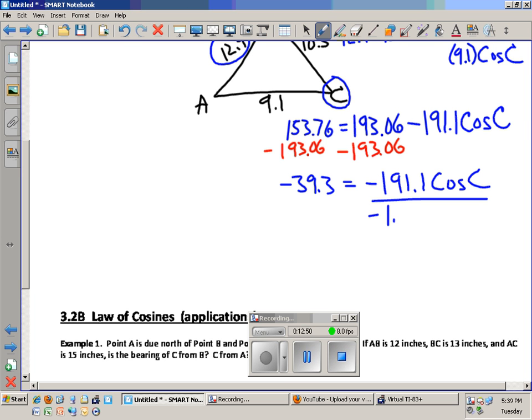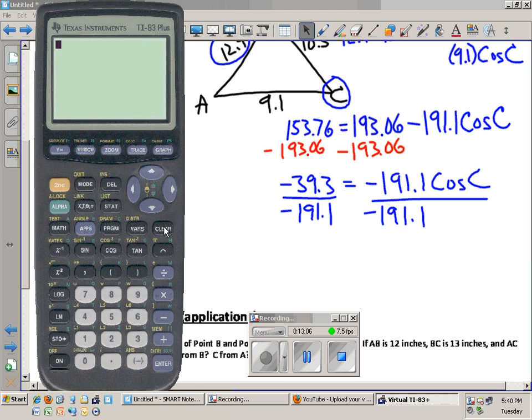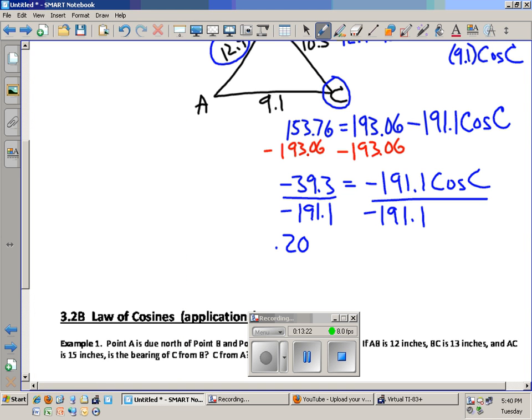How do we solve for this? Divide both sides by negative 191.1. Negative 39.3 divided by negative 191.1, and we get 0.2057. 0.2057 is equal to cosine of C. We inverse cosine both sides.